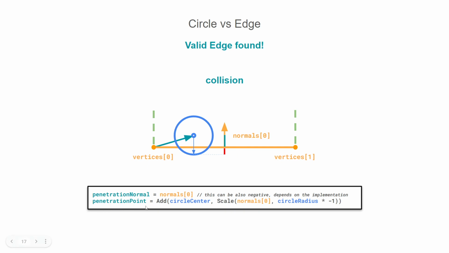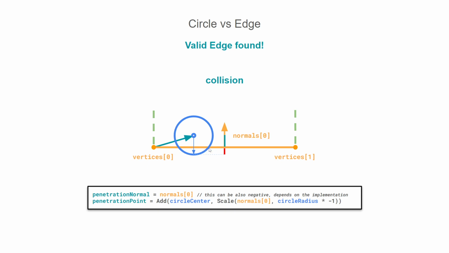And then, of course, the penetration point. This is also pretty simple. Just add from the circle center. The circle center is here. Take the circle center, add the vector. Take the normal, scale it with the radius. Okay, then we have a vector which has the magnitude of the radius of the circle.